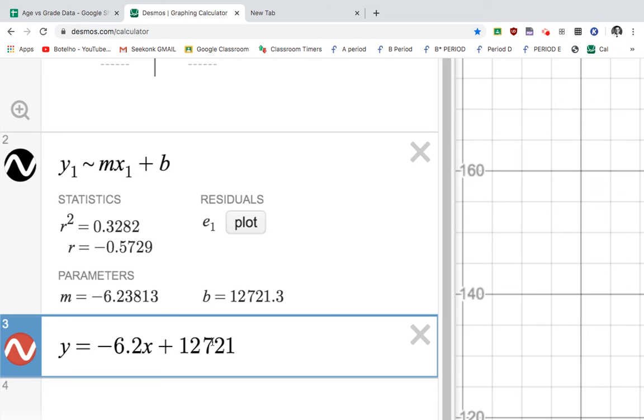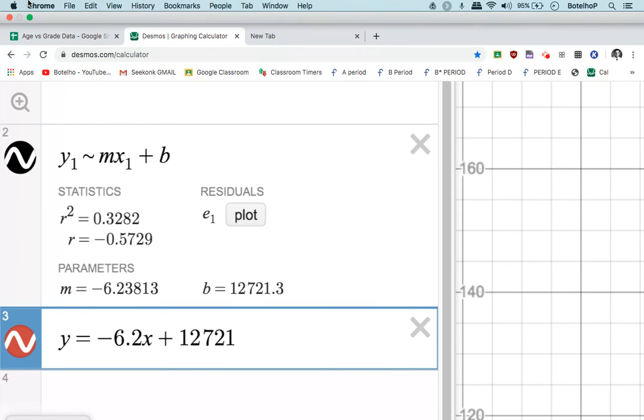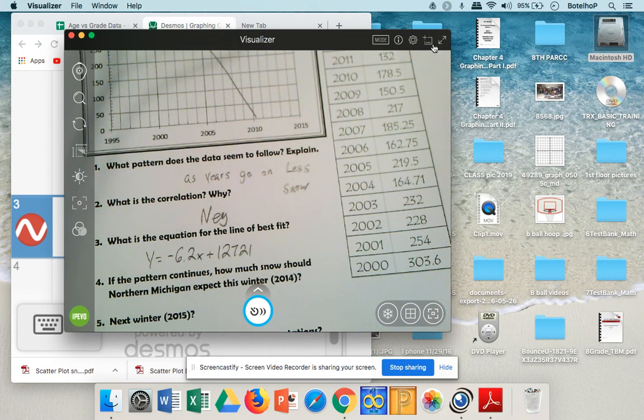I don't know how years work 100%, but that would be a very long time ago, and that would be a ton of snow. So that's why that number seems so weird. Okay, so let me write that equation down on my paper here. So I have it: y equals negative 6.2x plus 12,721. That's crazy.